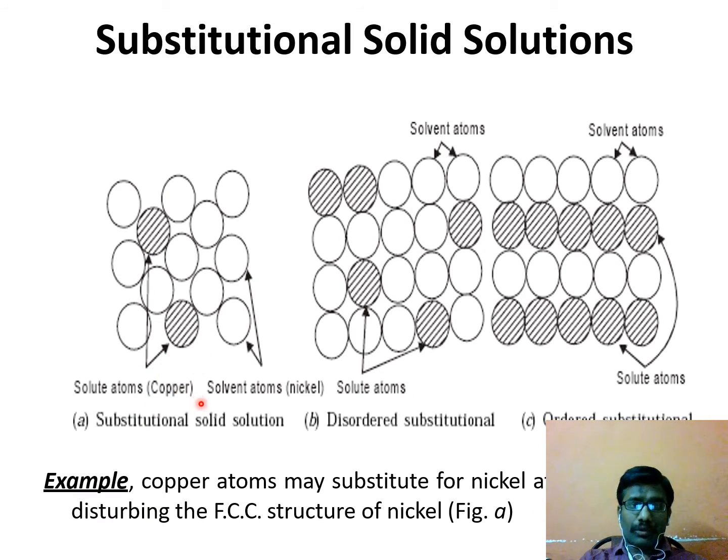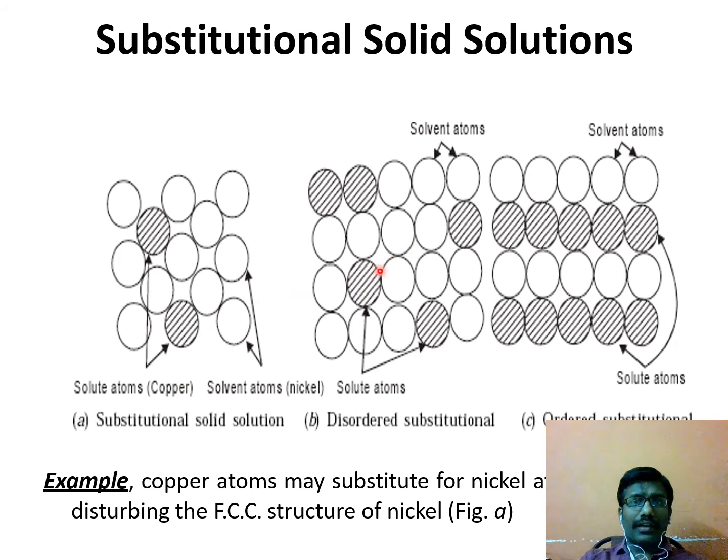Here I have given one example. Copper atoms we can take as the solute, and the solvent is nickel atoms. The copper atoms replace the nickel atoms in a crystal structure. The crystal structure should not change, it will be that of one element, nickel or copper.